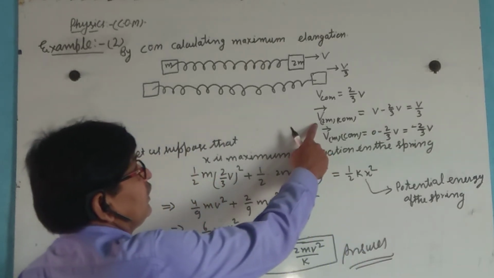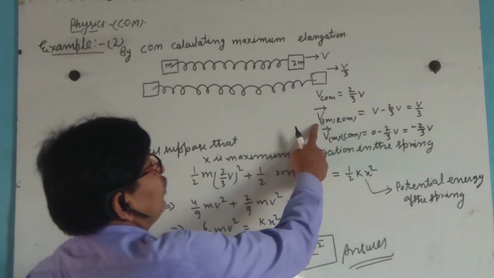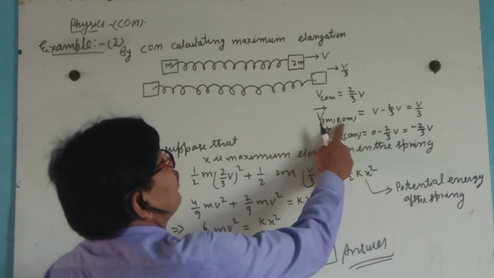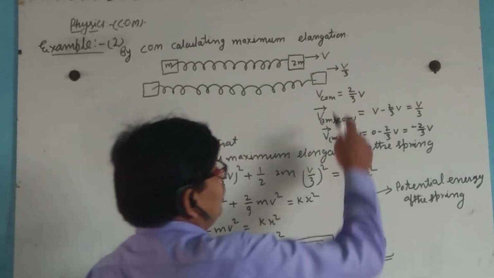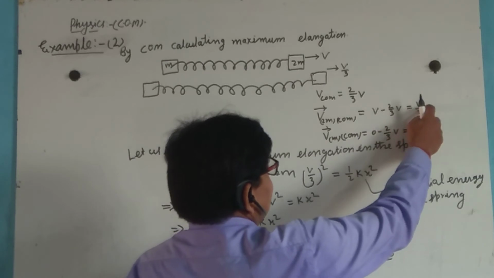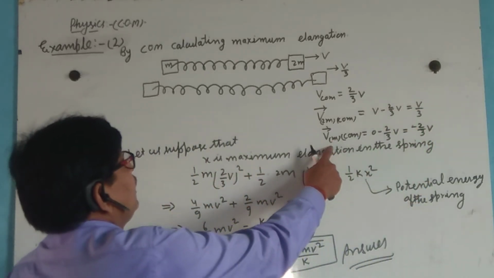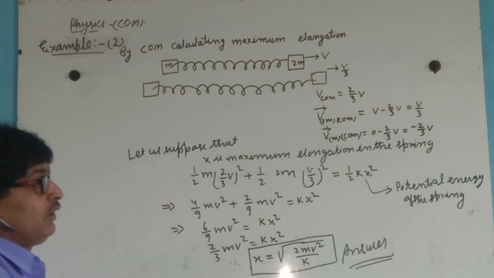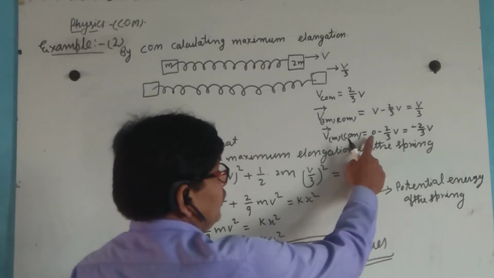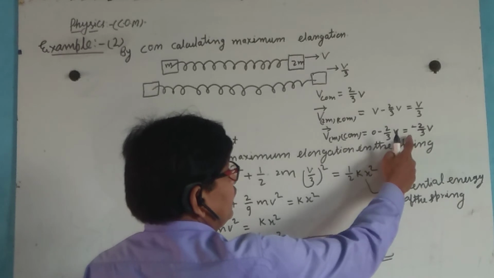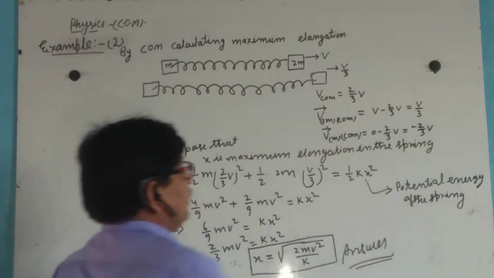The velocity of block 2m relative to the center of mass is v minus 2 by 3 v, which is v by 3, and for mass m it is 0 minus 2 by 3 v, equal to minus 2 by 3 v.